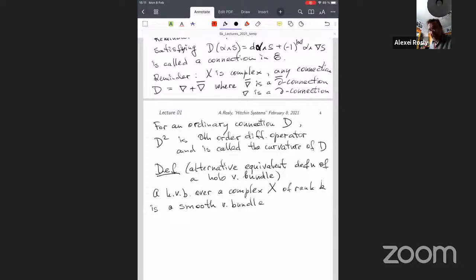You should not confuse the words when somebody says complex vector bundle or holomorphic vector bundle. Complex means it's an object in topology. It's a smooth or topological bundle with complex fiber.